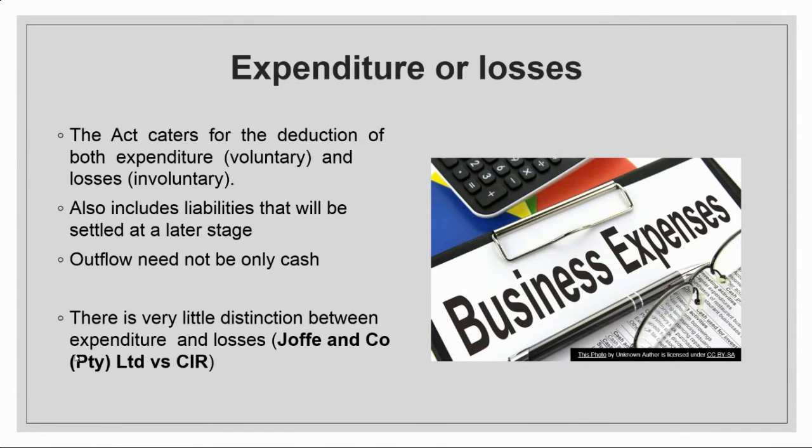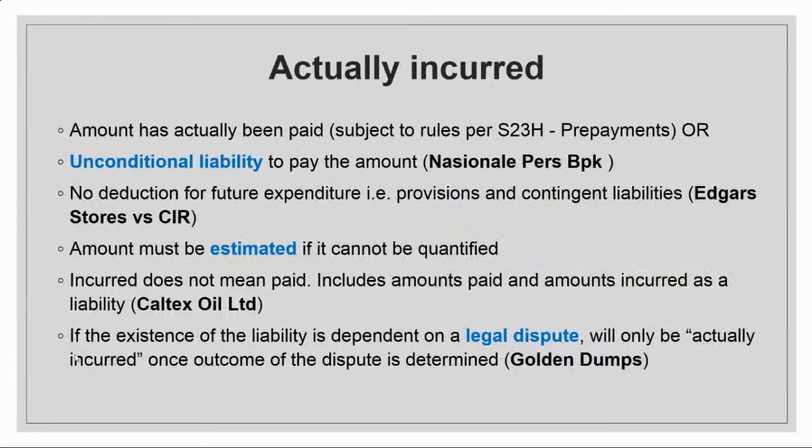So they've left it quite vague to give a business the opportunity to claim these expenses if it was in the production of income and for their trade. Then actually incurred, like we said, not actually paid. I've incurred it, so I have an obligation to pay that amount, or I have already paid it.